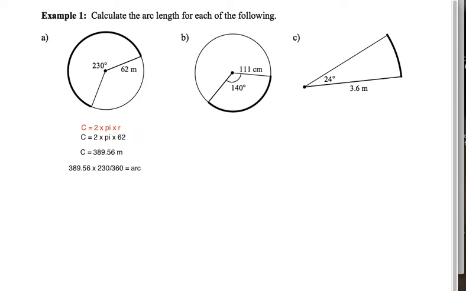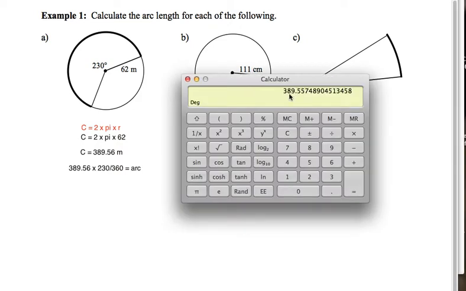So then I get out my calculator, which still remembers exactly how far 389.555, even though I wrote 389.56, it knows more exactly what that distance is. So I say, let me multiply that by 230 over 360. And that gives me my arc length, 248.88 meters.